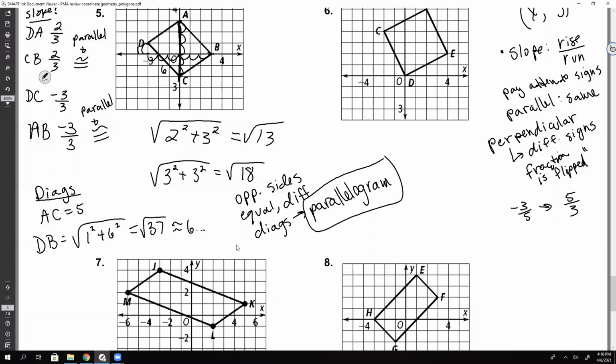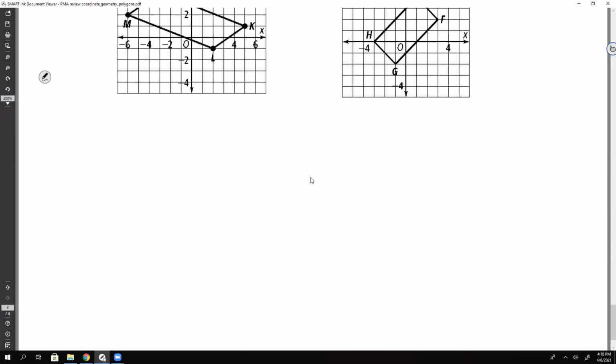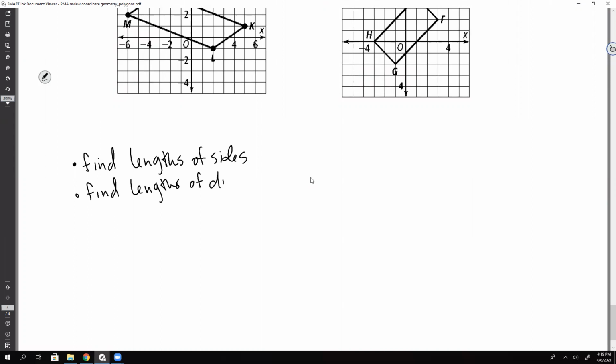Okay, so y'all, like I said, I'm going to write it down here: find the lengths of the sides, find lengths of diagonals, and then compare that with the chart that we gave you when we learned this.